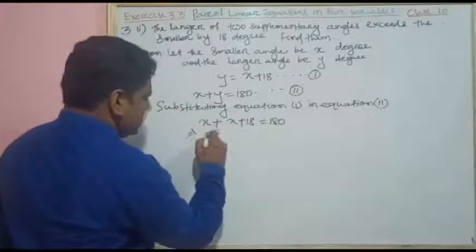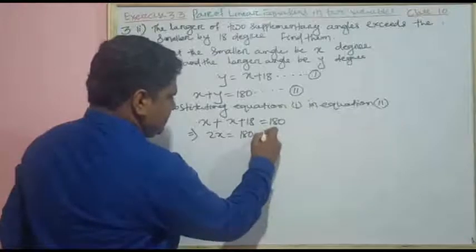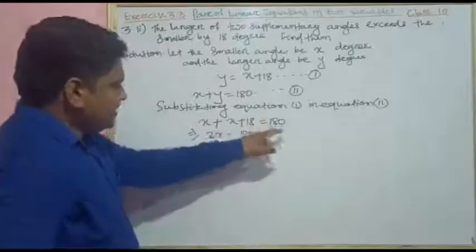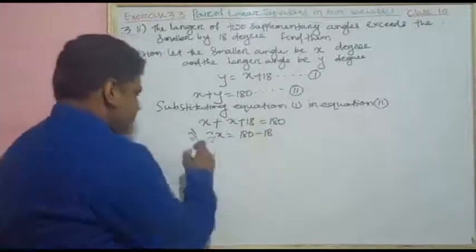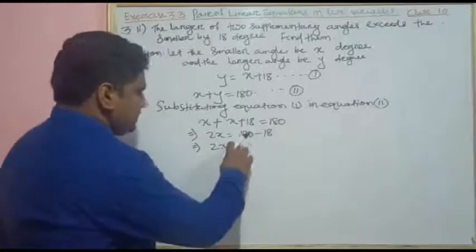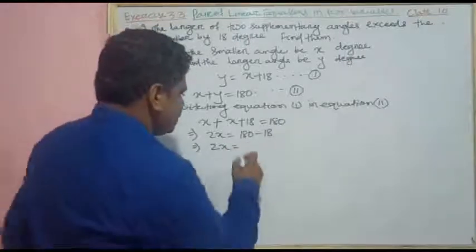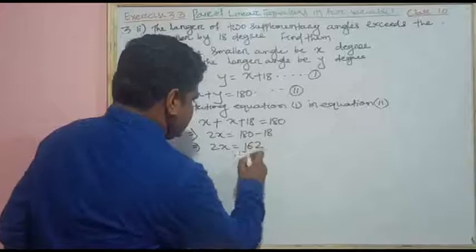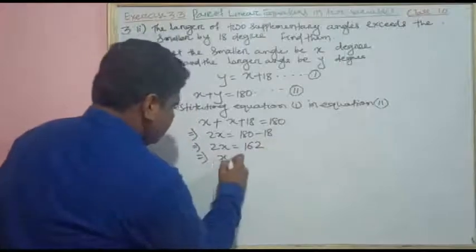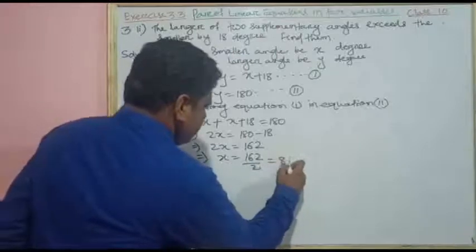This implies that x plus x is 2x, and 18 will move to RHS and it will be negative. This implies that 2x is equal to 180 minus 18, it is 162. This implies that x equal to 162 by 2 is equal to 81 degree.